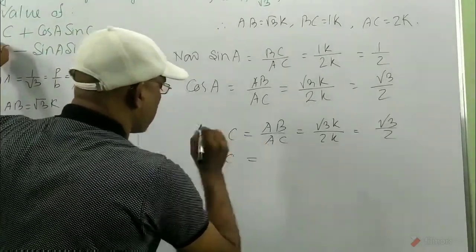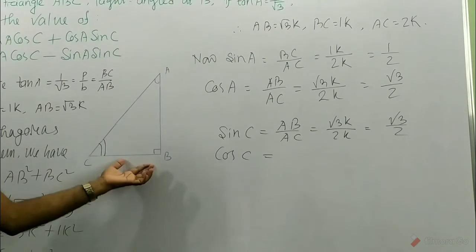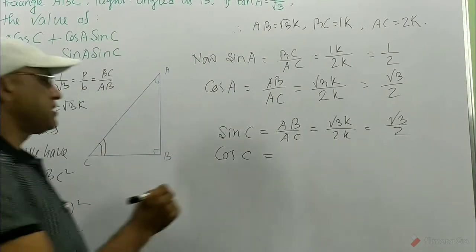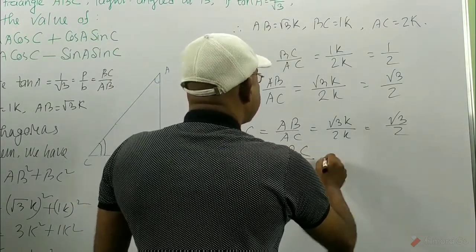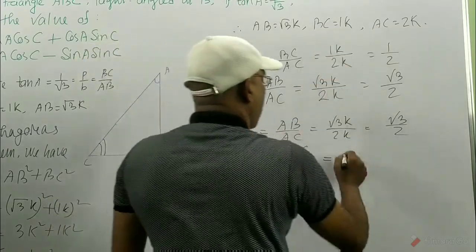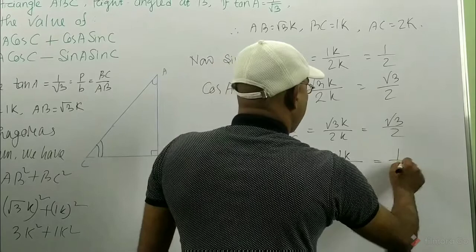And we have to find cos C. Cos C means base by hypotenuse, so BC by AC. BC means 1K and AC means 2K, so we get 1 by 2.